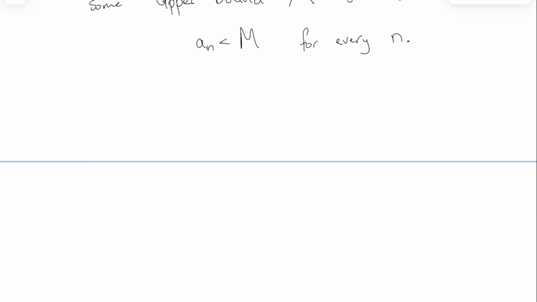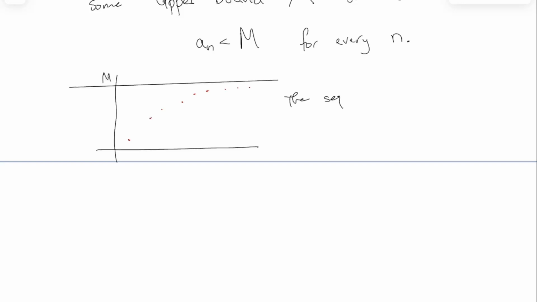And the picture you should have in mind is something like a sequence like this. Maybe it goes up, but it doesn't go up past a certain amount. And M is just some number up here, which is always greater. That y value is M. And here, this sequence is bounded.